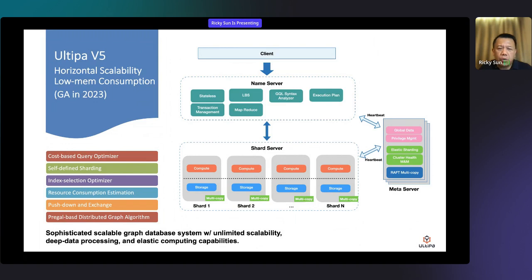We are still actively working on this. Basically, this is a quite sophisticated, scalable graph database system, potentially with unlimited scalability and also with deep data processing and elastic computing capabilities, all the things we have talked about up until now.